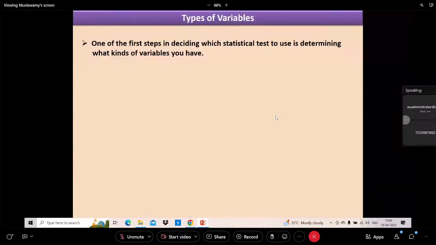What are the types of variables, I already discussed. One of the first steps in deciding which statistical test to use is determining what kinds of variables you have.